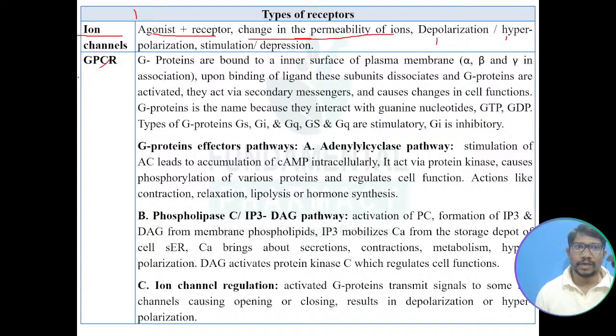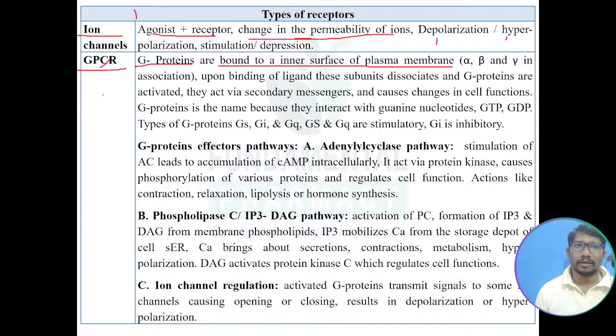Second one is the GPCR. We have seen G protein coupled receptor or metabotropic receptor or heptahelical or serpentine receptor. So these are named GPCR because they are having G proteins, guanosine. They are bound to the inner surface of the plasma membrane. They have different subunits, alpha, beta, gamma.